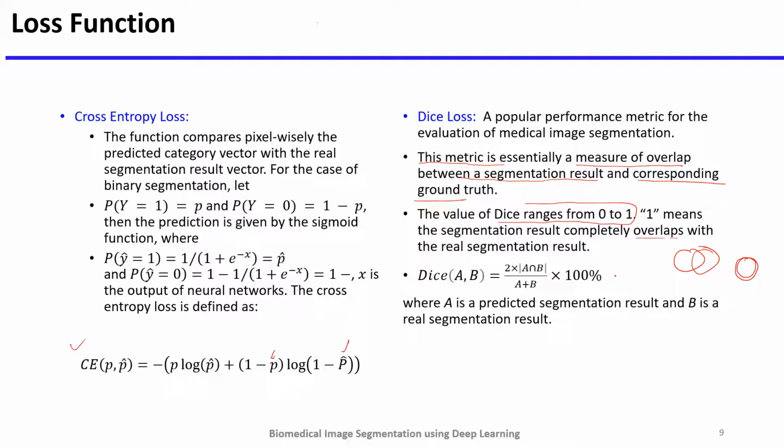And in this way, using this loss, we can define the error, where A is the predicted segmentation result and B is the real segmentation result, which is already known, and A we are computing. Then using this dice loss, or the cross entropy loss, we can define the error function in the encoder-decoder architecture.